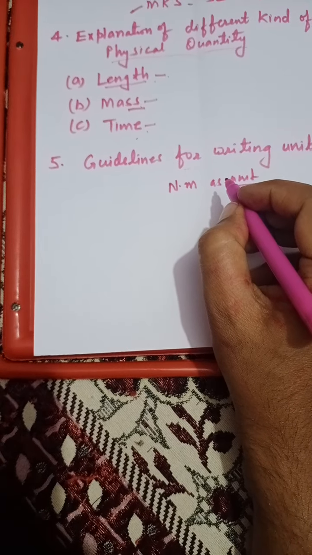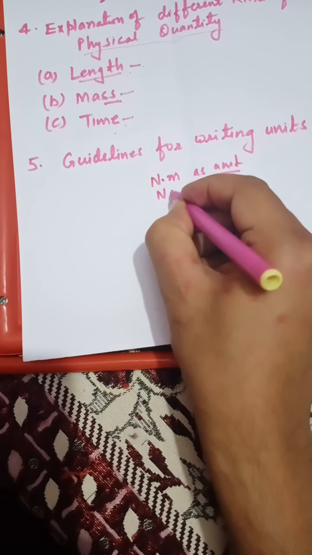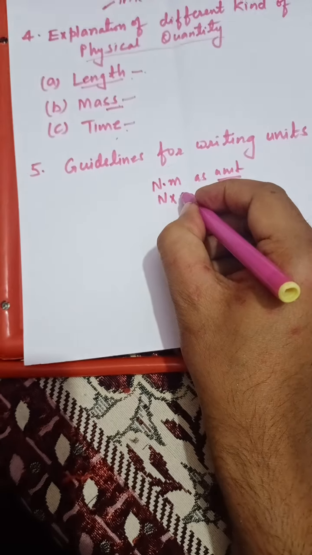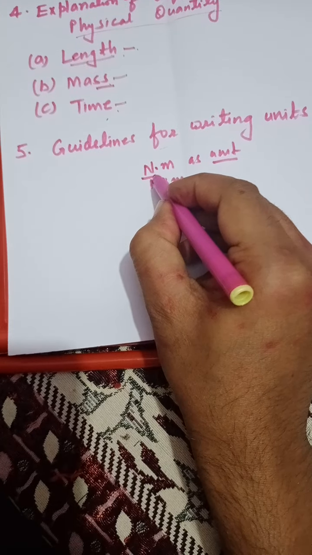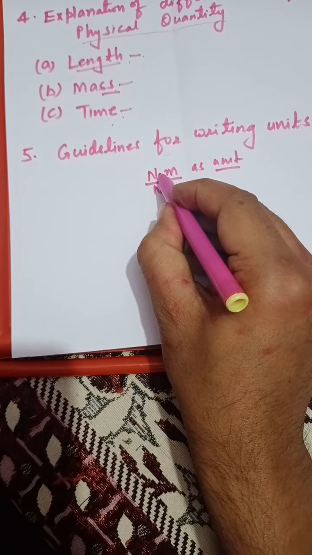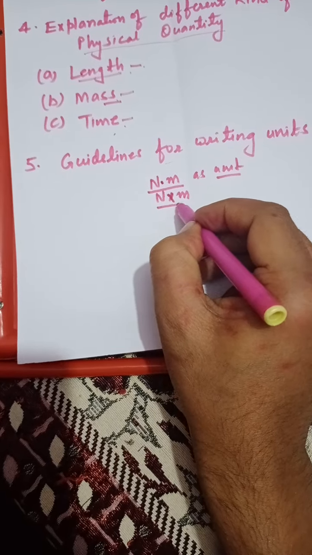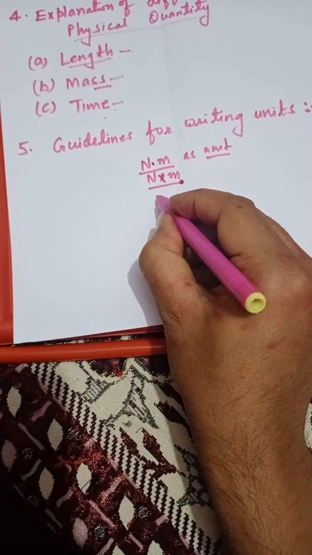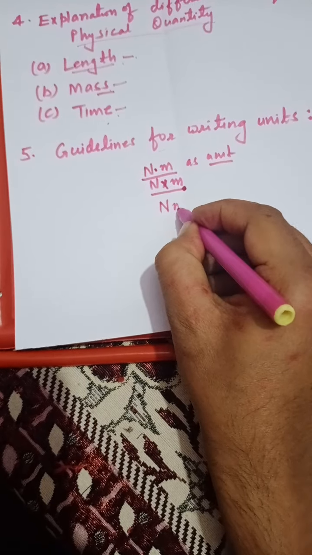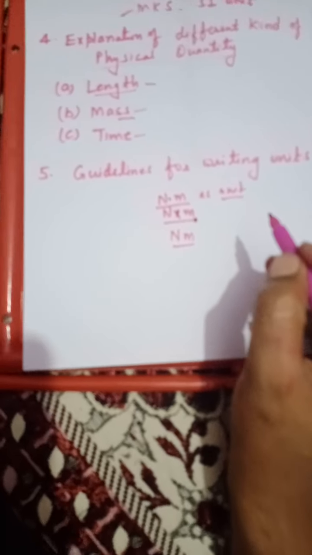To write this unit, we have given a dot, or it can be written as N into m. So when we have to write a compound unit, we can write it with a dot mark, with a multiplication mark or cross mark in between, or it can also be written with a space. So these are some of the guidelines for writing unit.